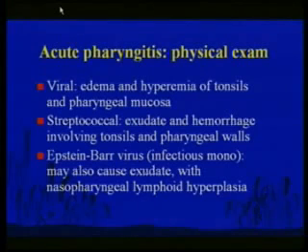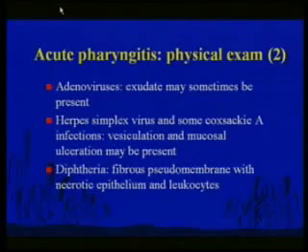But in general, if you see pus, that's good evidence that you're dealing with strep and not with a virus. But on clinical grounds, it can be tough to distinguish between a strep throat and a viral pharyngitis. Hence the business of doing a rapid strep screen or a culture to try to figure it out.